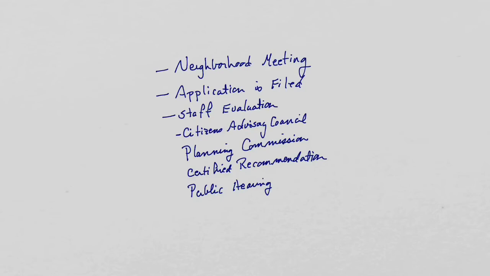The report will also contain the Planning Commission certified recommendation. And at that point, after Council sets the public hearing date, the documentation is reviewed, and then the public hearing is held where people can come and speak either in favor of or against the rezoning request.